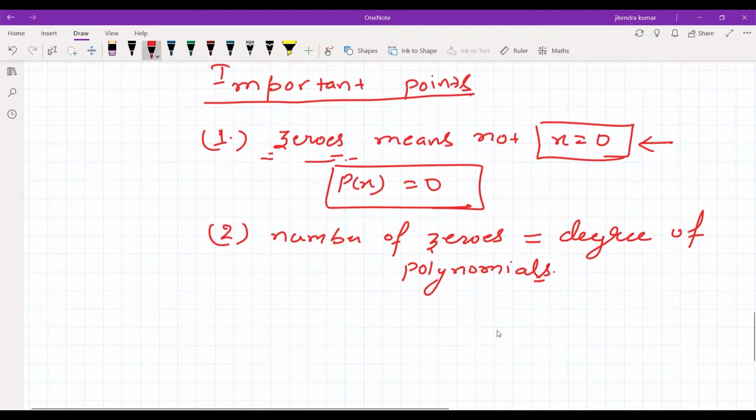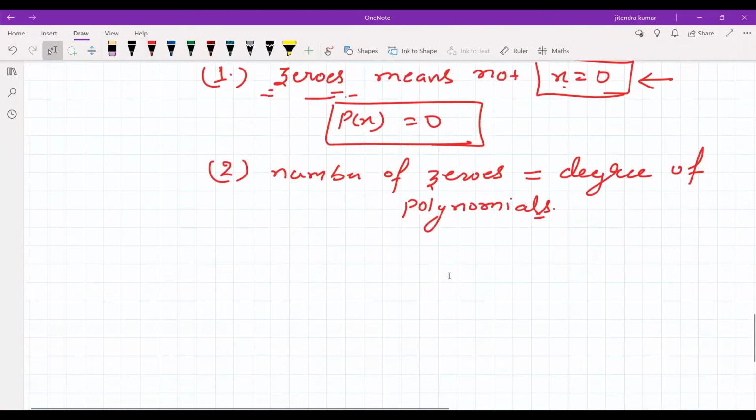So if any polynomial is linear, it means its degree is 1. In that case, it will have 1 zero. If the degree of the polynomial is 2, then in that case it will have 2 zeros. Number of zeros means the number of values of x for which p(x) is 0.